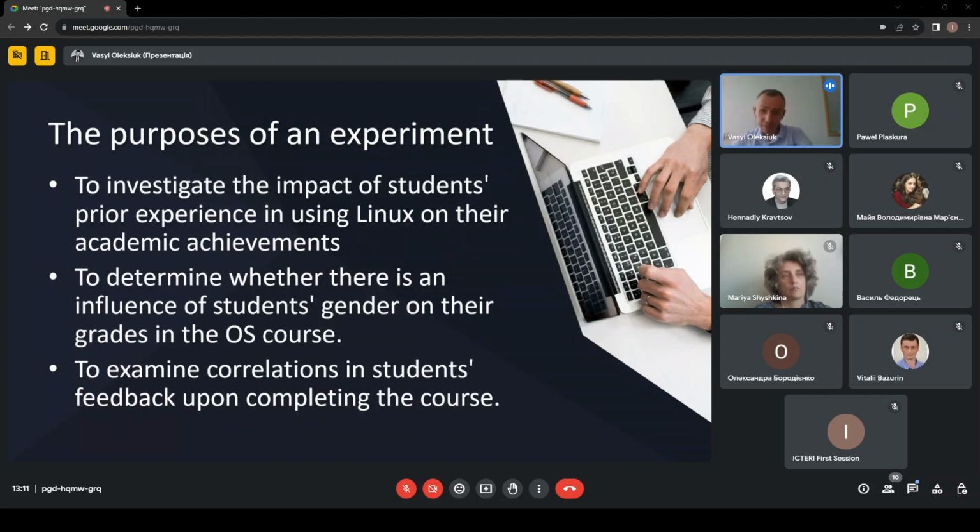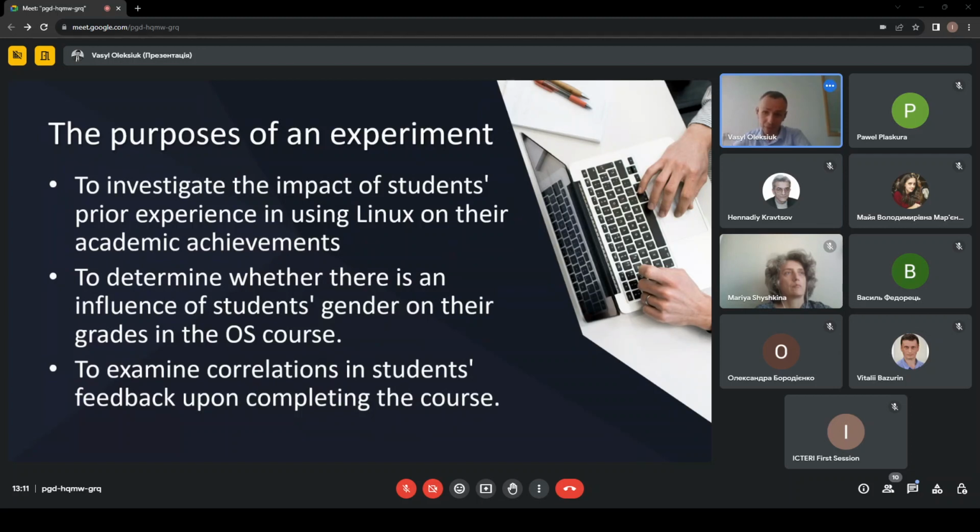An additional study was conducted to verify the error hypothesis. We investigated whether the students have prior experience in using Linux before enrolling in the course. Additionally, the gender of the respondents was included in the updated survey data.